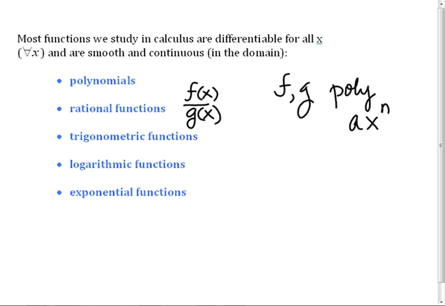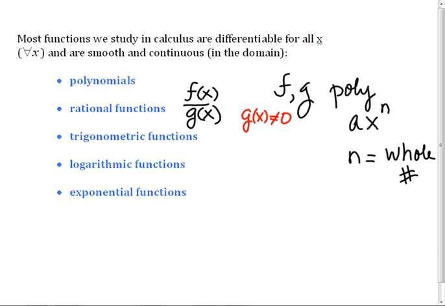Ax to the n, what kind of number does n have to be? Whole number. Can't even be a negative. Has to be a whole number. 1, 2, 3. It could be 0, by the way. Okay. Rational functions are differentiable everywhere except where what? G of x can't equal what? 0. It's a domain problem again.